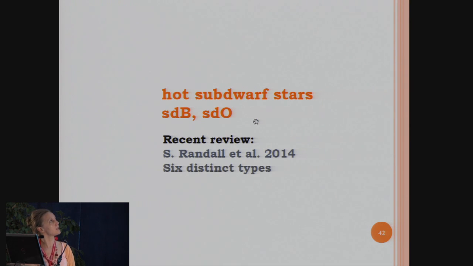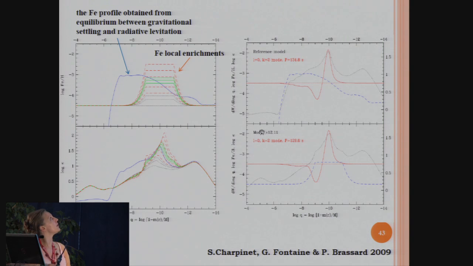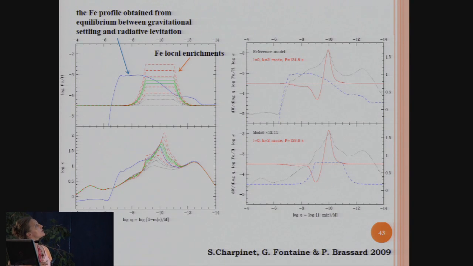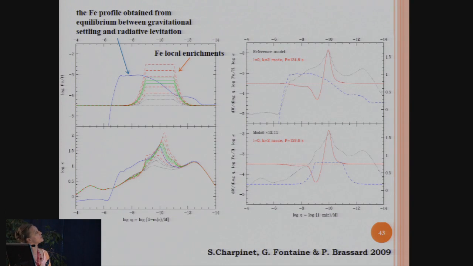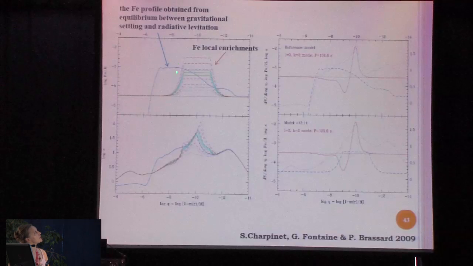And hot subdwarfs: in a recent review by Susan Randall, she mentioned 6 different types. Here we have an iron profile, which results from equilibrium between gravitational settling and radiative levitation.